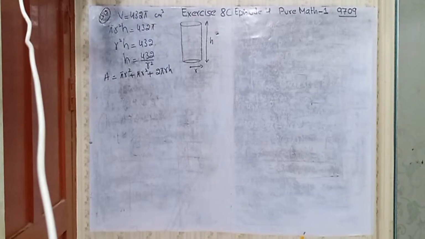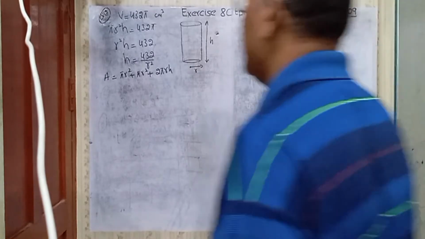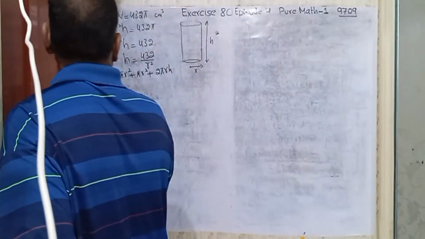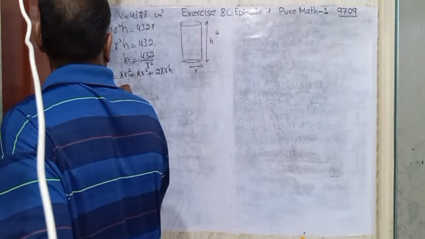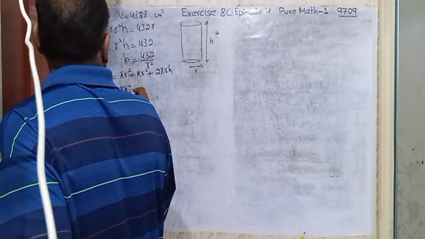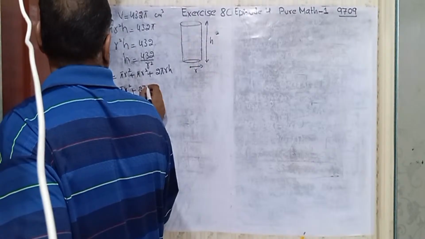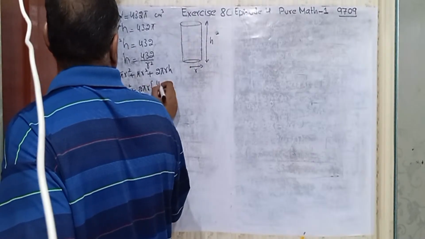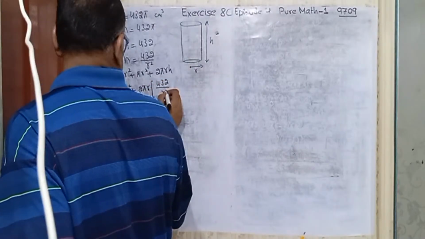The top is pi r square, the bottom is pi r square, and the walls are 2 pi r h. Okay, so in the place of h, I can write this number. So area will be equal to 2 pi r square plus 2 pi r, and the value of h is 432 over r square.